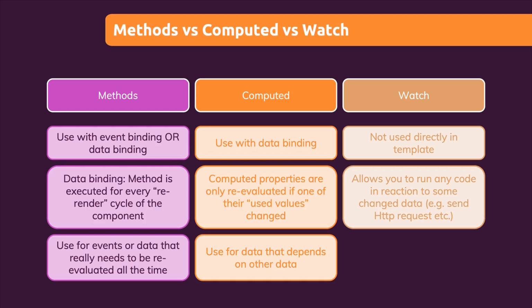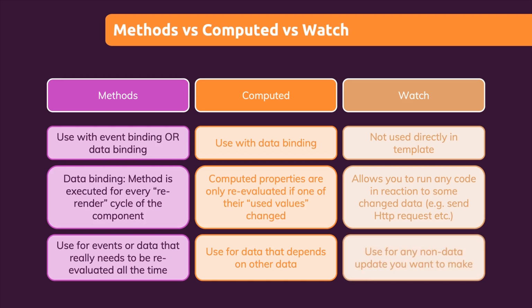So typically, you should use watchers for any non-data updates you want to make. Whenever you've got some behind-the-scenes work to do based on some changing data, you might want to consider a watcher. Amongst the three, watchers are probably the feature you'll use the least, because you need methods all the time with event binding and computed properties for outputting data that depends on other data.